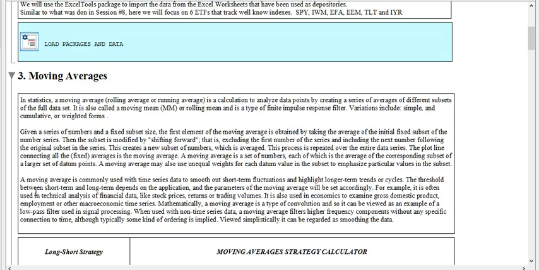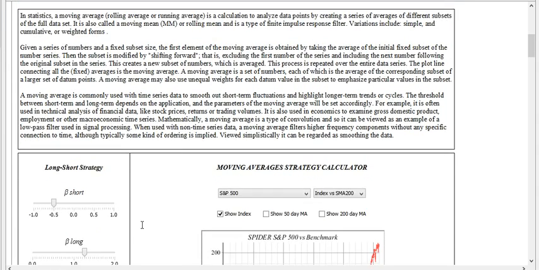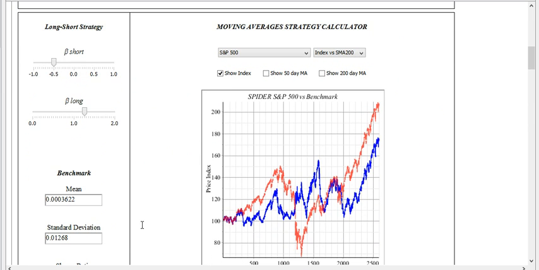So let's start using moving averages, essentially comparing the index versus a moving average of 50 days, or 200 days, or comparing the moving averages between themselves. So let's look at what we have here.